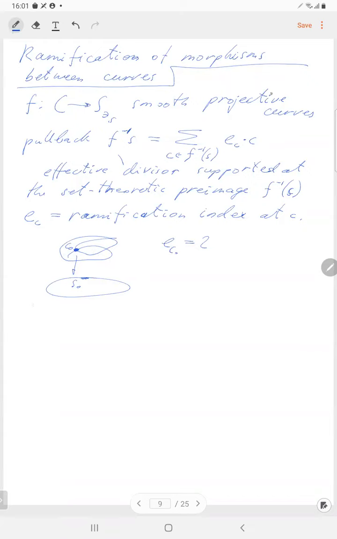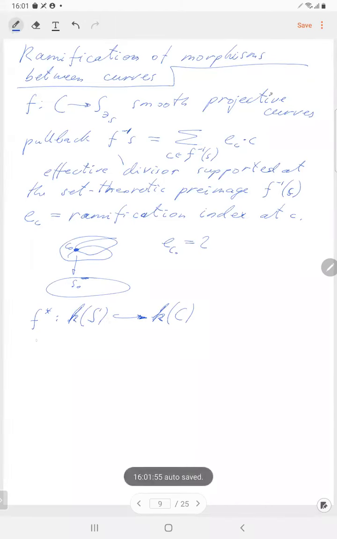So we have the field extension from rational functions on S embedding into rational functions on C. And we will distinguish between separable and inseparable extensions. So in characteristic 0, there is nothing to talk about, but in characteristic p, in finite characteristic, they will behave very differently.